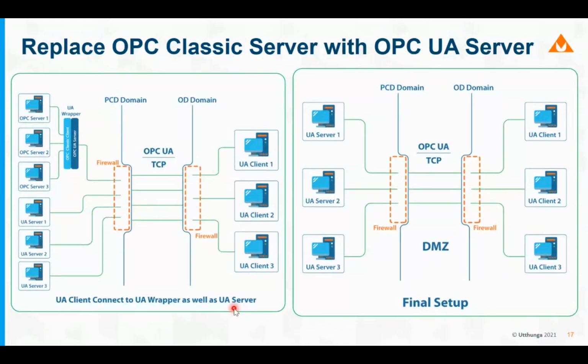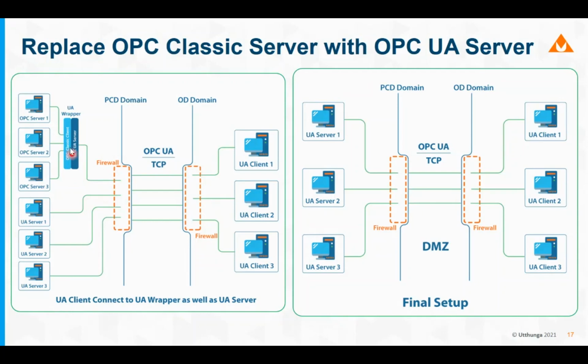Now, this is the next step where this happens. If you look at it here, these are 2 different steps. We'll talk about both of these steps one by one. Here, what is happening is, in the PCD domain, similar to what we did with the UA client, we are doing exactly the same job on the PCD side.